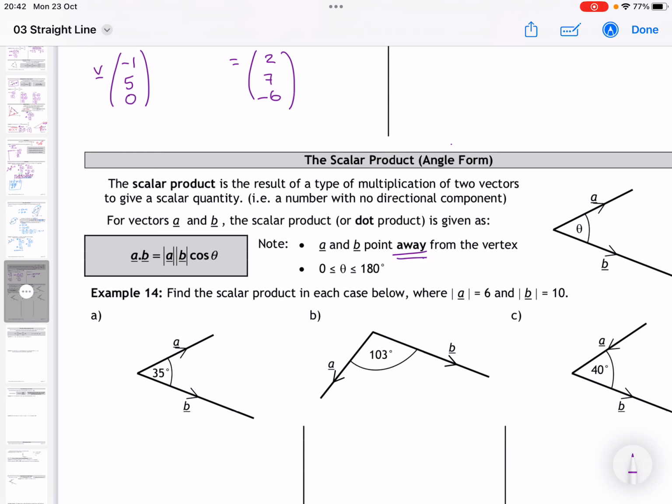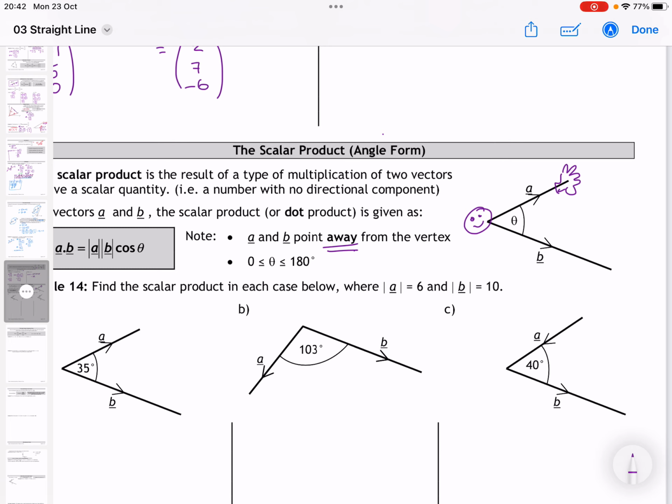Okay, so I do it as if this is my wee head, right? And then it has to be my hands. How many fingers do you have? Pointing away. Okay, that's how I do it. And yes, I have just realised, 1, 2, 3, 4, 5. Right, that's how I do it. You're pointing away. Normally, if you could see me, this would make sense.